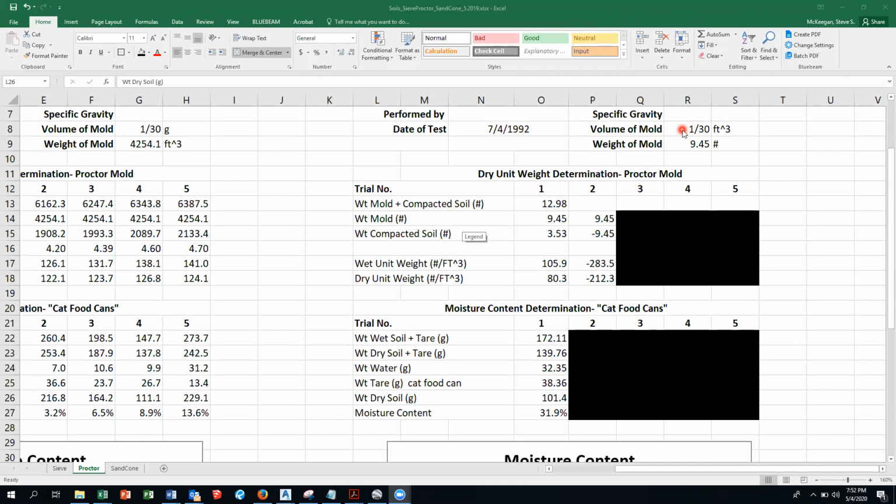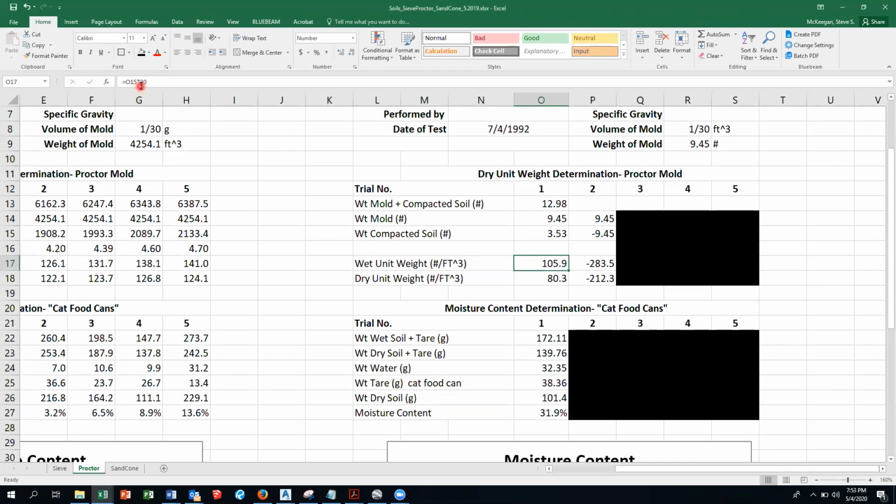It's almost like that concrete density test that you did, where the air bucket is 1/4 of a cubic foot, right? So you got the net weight of concrete, dividing by 1/4 is the same as multiplying by 4. Here, dividing by 1/30 is the same as multiplying by 30. So take a look at this. This is called the wet unit weight.